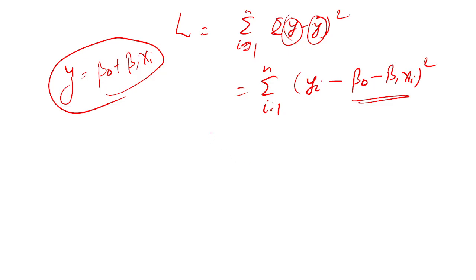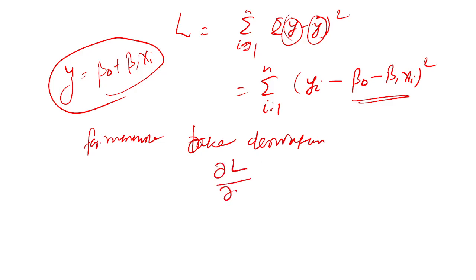We all know from the basics of 12th standard that for minimization we have to take the derivative. So we take del L by del beta naught and del L by del beta 1, in terms of intercept and slope, and set them equal to 0.